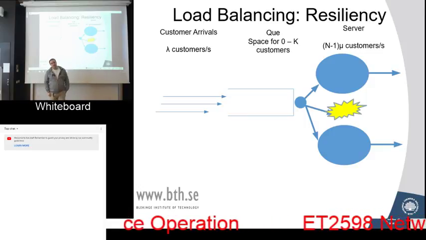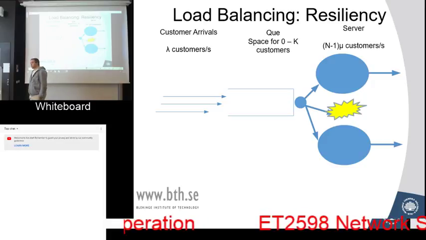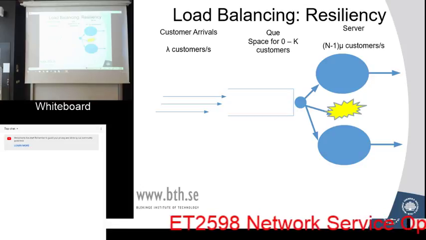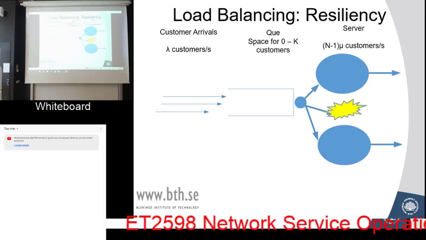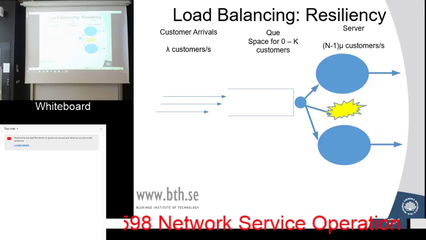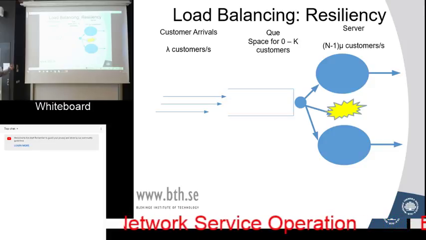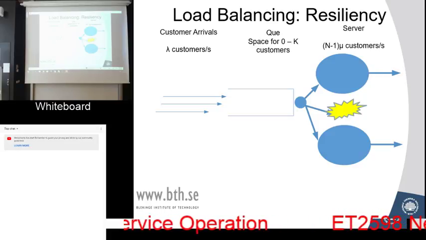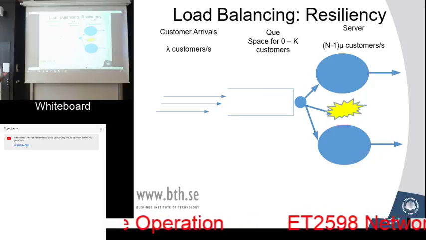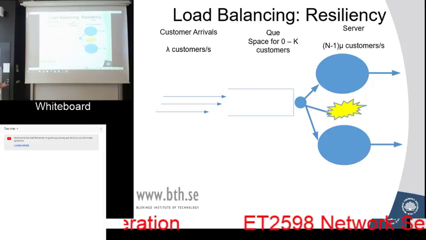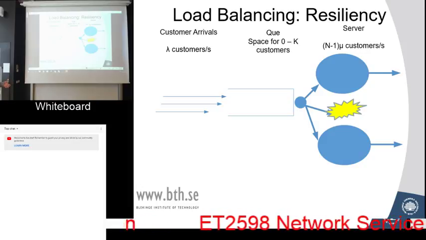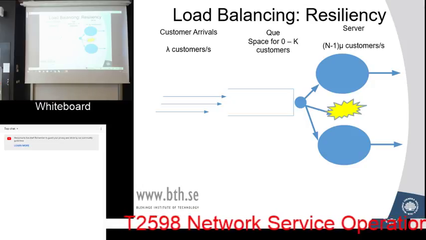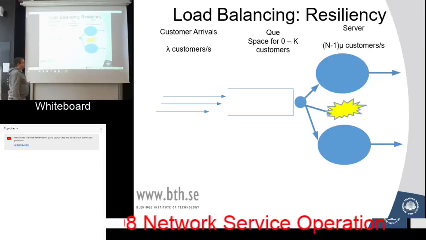Instead of having n servers, when we lose one of them, we now have n-1 times mu customers per second we can handle. But we still have a capability of handling them. We lose 1 out of n. Hopefully we have enough servers that it will not be a huge problem. We lose a little bit, but we can still service.